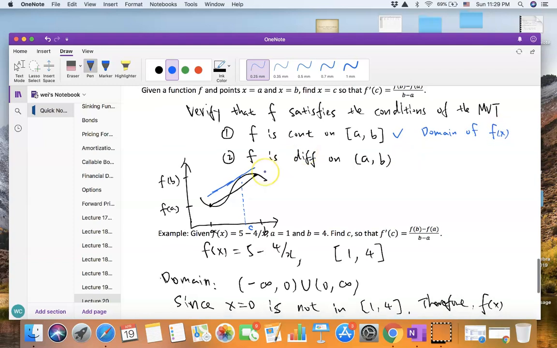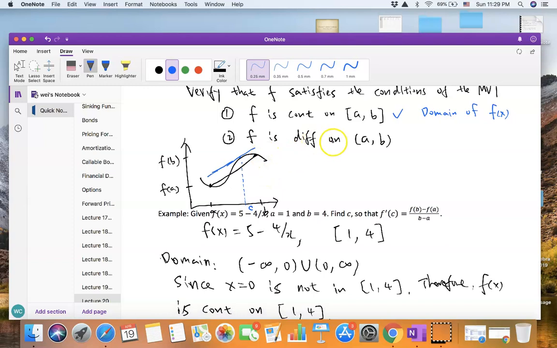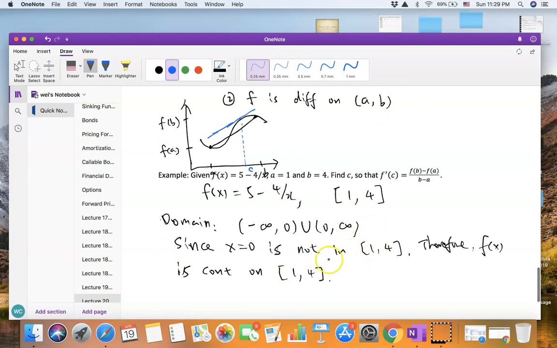Okay, now how do we know the function is differentiable on this open interval from 1 to 4 if we are not given the graph? In this case, because we said when a function is differentiable, that means the derivative exists, right?